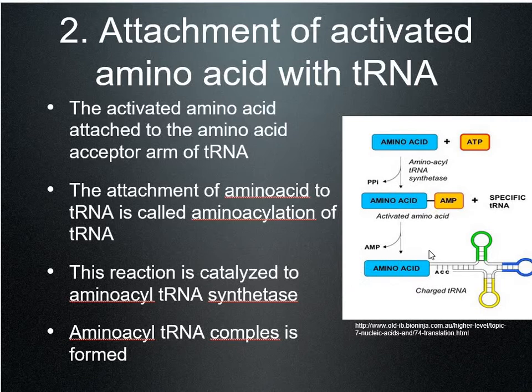This process of fusion of amino acid to tRNA is called amino acylation of tRNA, and this reaction is catalyzed by the enzyme amino acyl tRNA synthetase. By the fusion of activated amino acid with tRNA, an amino acyl tRNA complex is formed.